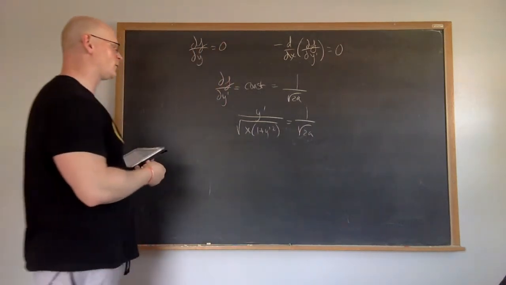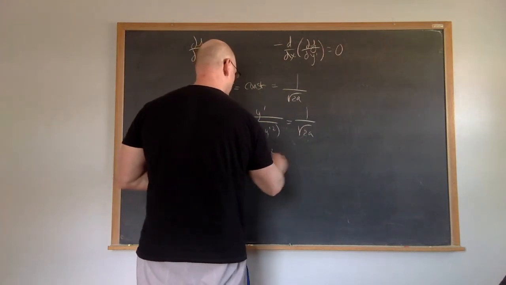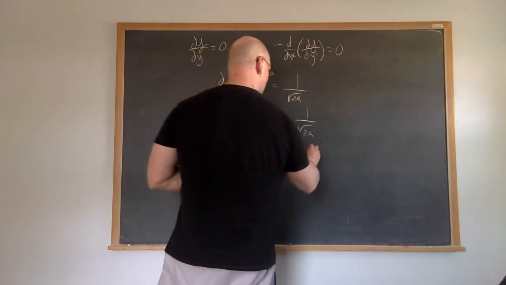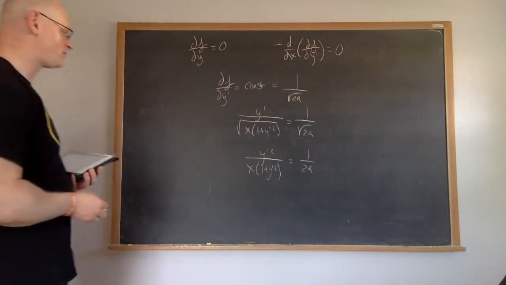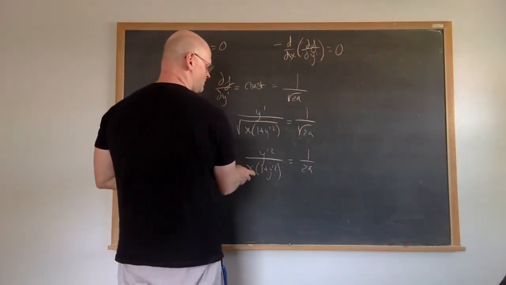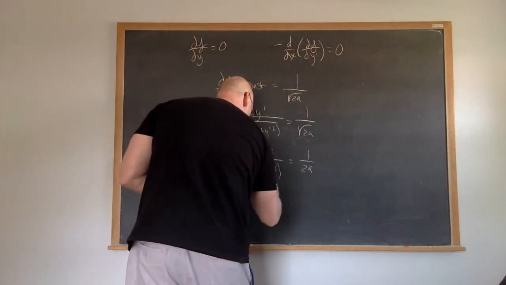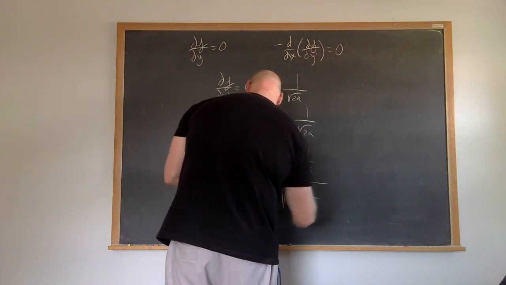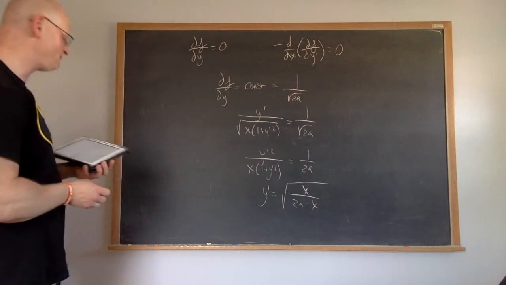Now from here, again, what we want to do is solve for y prime, so let's square both sides. So we get y prime squared divided by x times 1 plus y prime squared is then equal to 1 over 2a. Solve this for y prime. So again, I'm going to multiply both sides, bring over a y prime squared, and then divide through. So ultimately what I get then is that y prime is going to be equal to the square root of x divided by 2a minus x. So this is y prime.